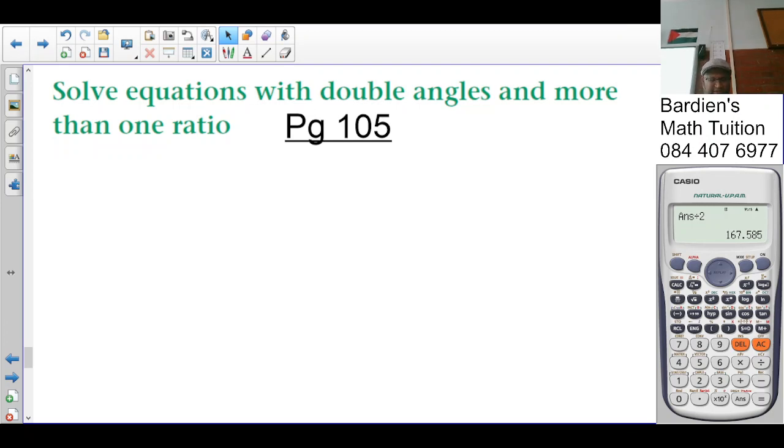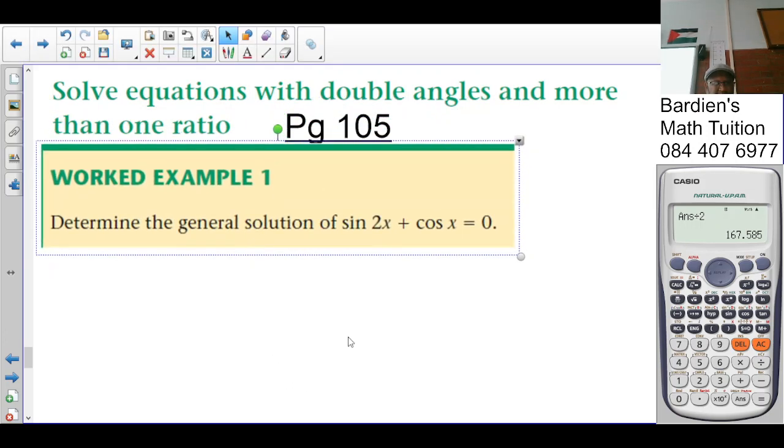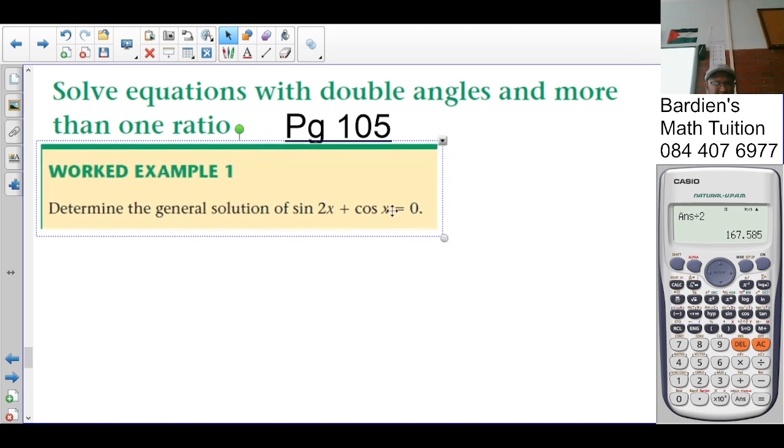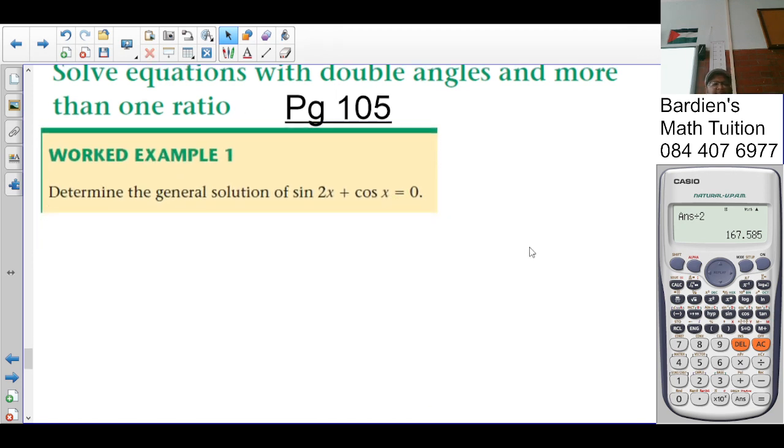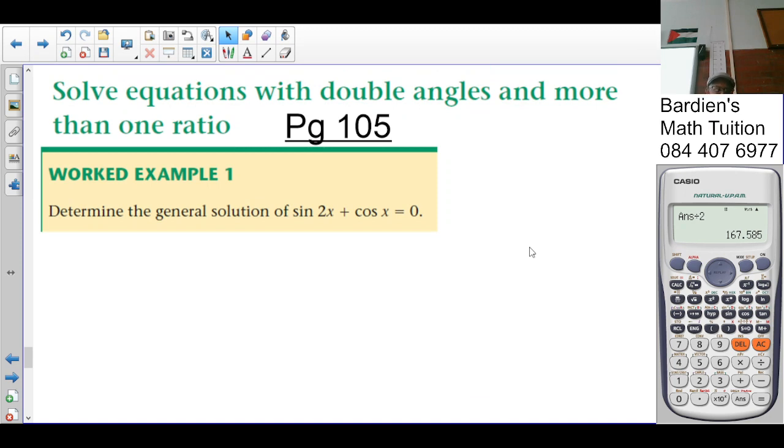Example on page 106. Work example 1. The question says determine the general solution of sine 2x plus cos of x is equal to 0.